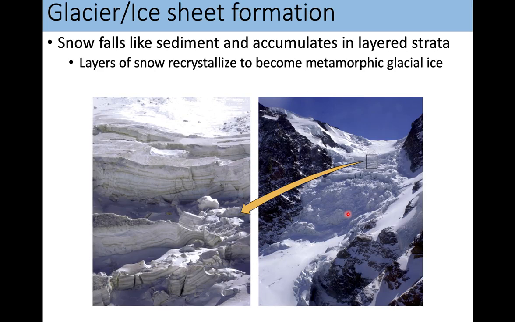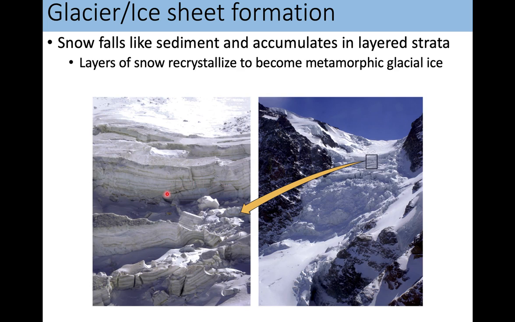So glaciers and ice sheets, how do they form? We have this huge amount of ice in both of our poles. How does this actually form? It's very similar actually to sedimentary rock. Snow falls similarly to sediment, and it will accumulate in layers, just like strata.